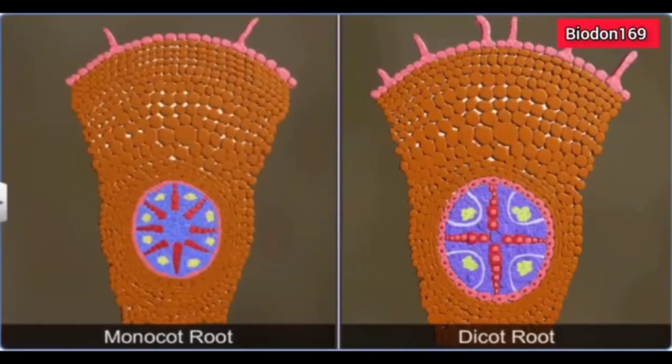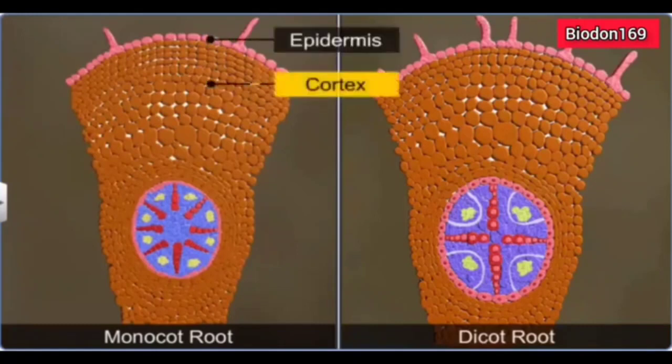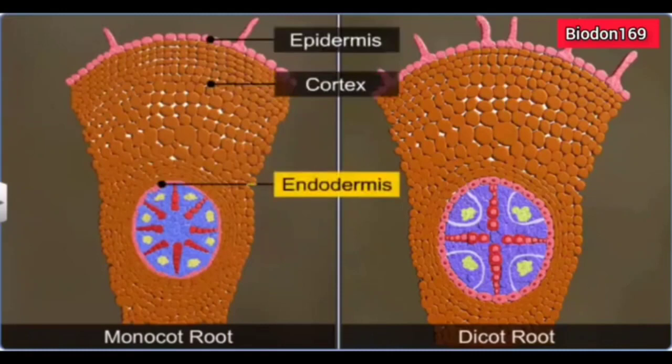In many aspects, it is similar to the dicot root. On comparing the two roots, we find the monocot root also consists of the epidermis, cortex, endodermis, pericycle, vascular bundle, and pith.